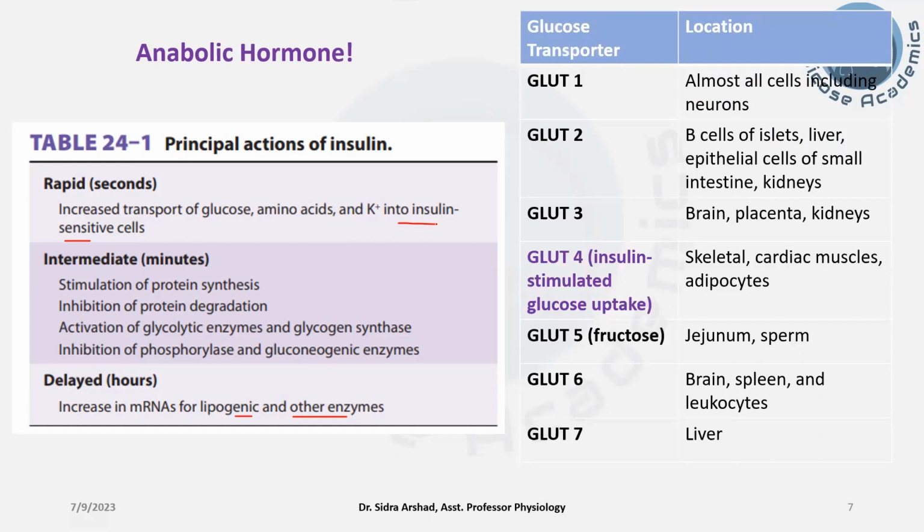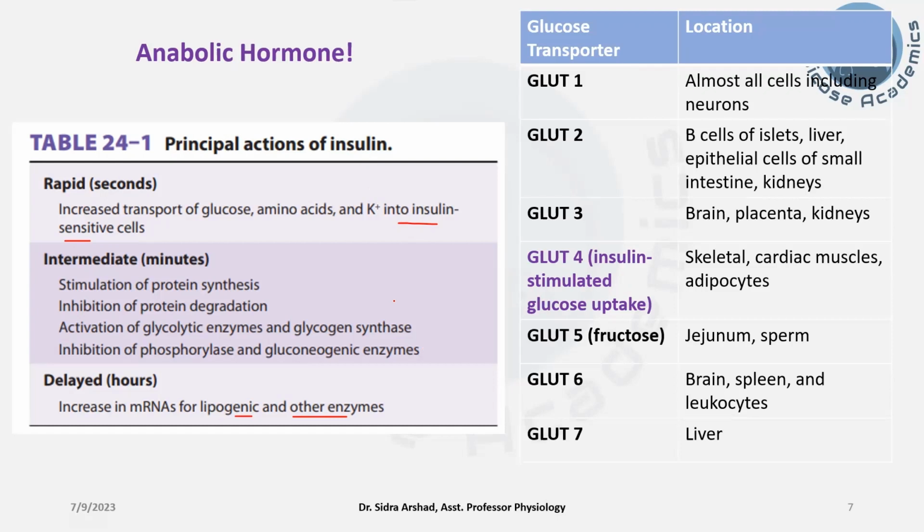So the transport of glucose in the neurons is not insulin dependent. So these transporters are important to know. There are glucose transporters 1, 2, 3, 4, 5, 6, and 7. These transporters are different from the sodium-dependent glucose transporters, which you must know from the gastrointestinal and renal physiology.